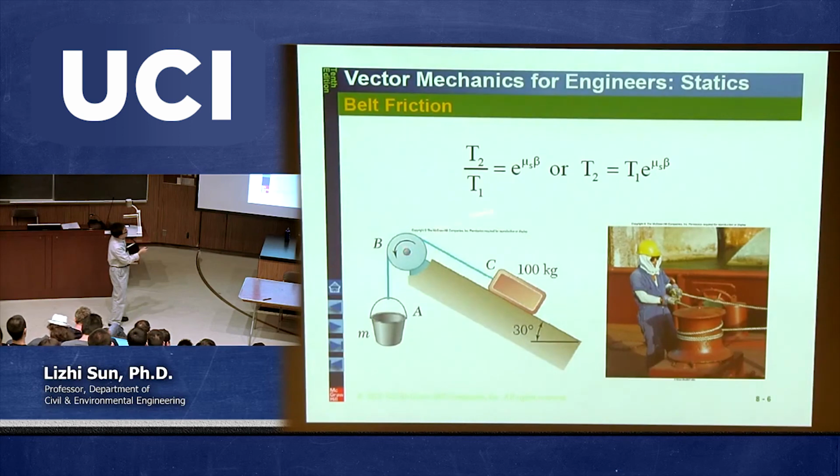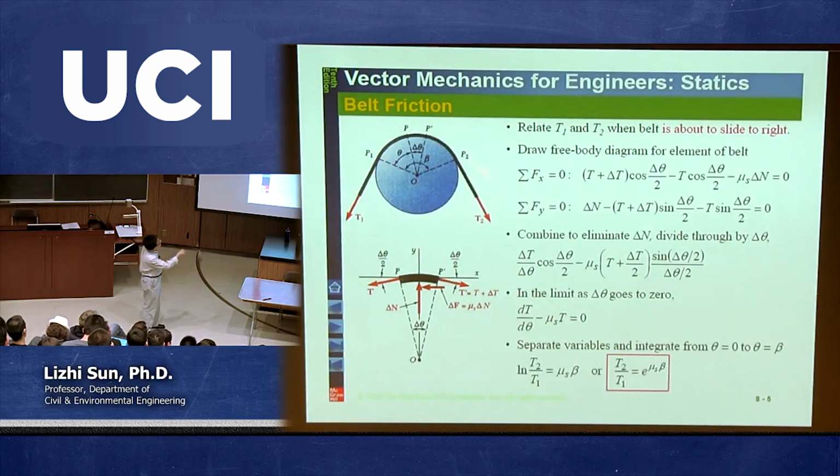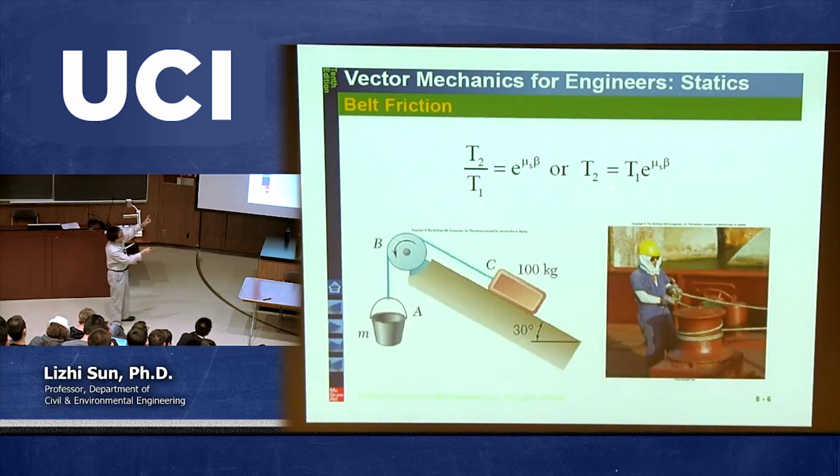Once you measure this angle, you use the exponential function e, multiply the coefficient of friction, and multiply the angle beta. They didn't draw beta, so this is the beta, or you can go back and look at the original picture. It's called beta. And then you can build a relation between these two cable forces. So typically, this is the equation you need to know.